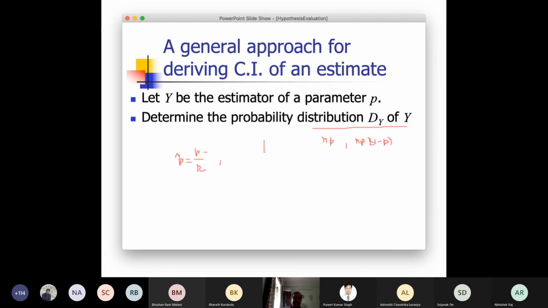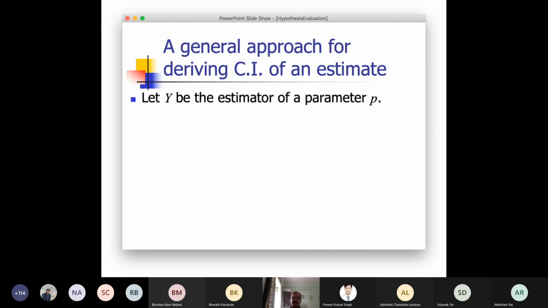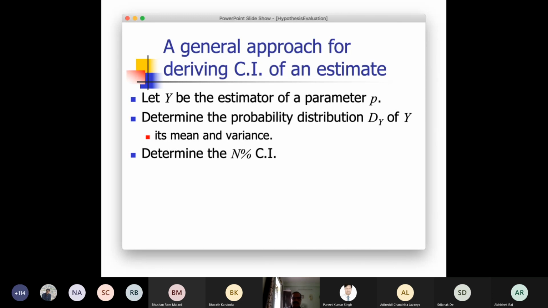Now, naturally, if I consider r by n as my estimate of that parameter, I can also use them for estimating the variance. Again, there are issues regarding how sound it is, what the range of the estimate is, etc., which I'm not going to discuss here.